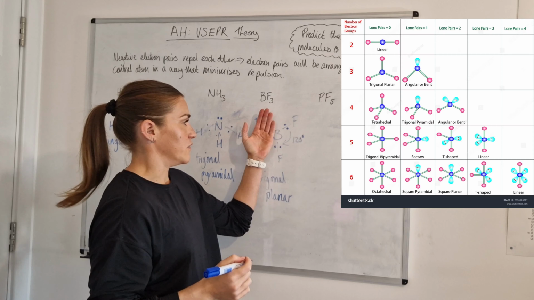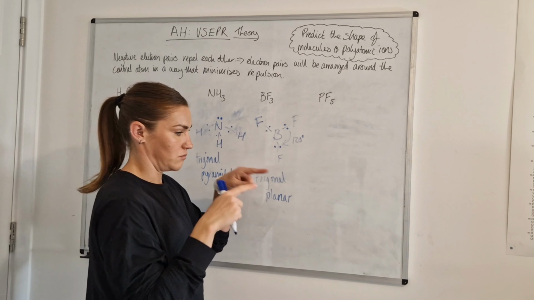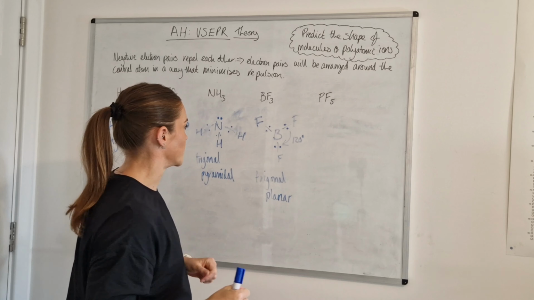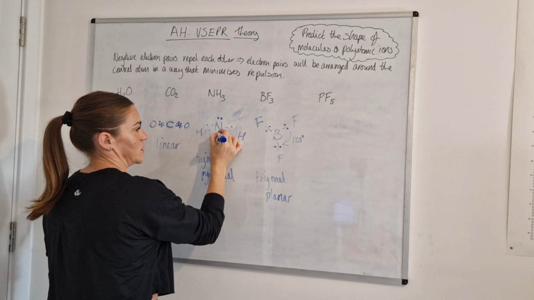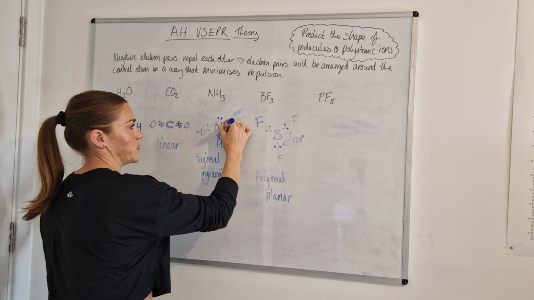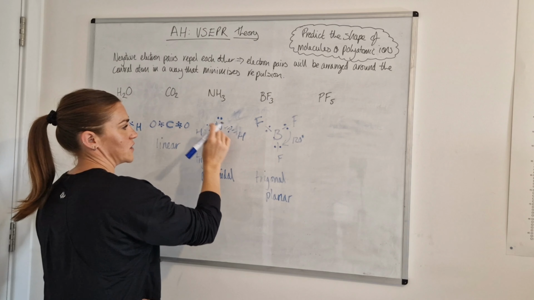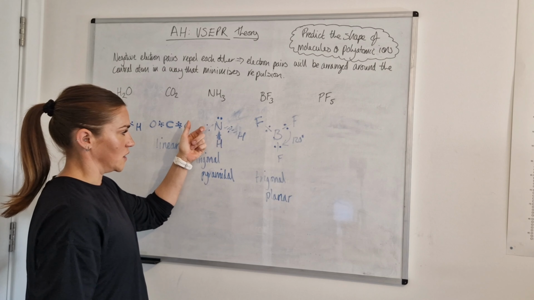So if you imagine this just flat to the page, there's nothing pointing backwards or pointing forwards. Whereas in the trigonal pyramidal, this hydrogen would be pointing forwards, and maybe this one would be pointing backwards, and this one would be flat to the page. So the wedged bonds mean it's pointing forward.